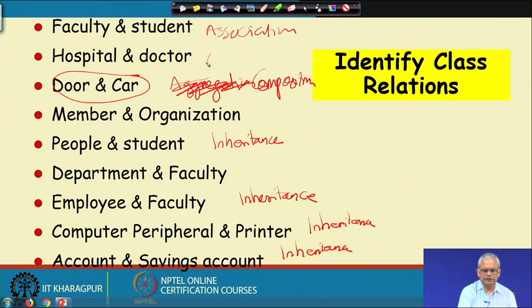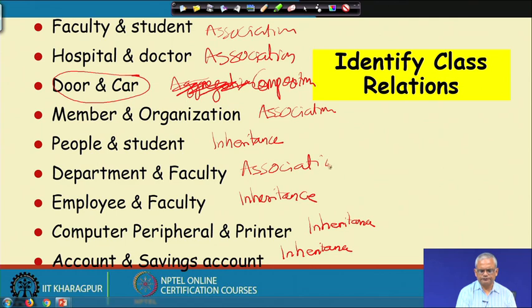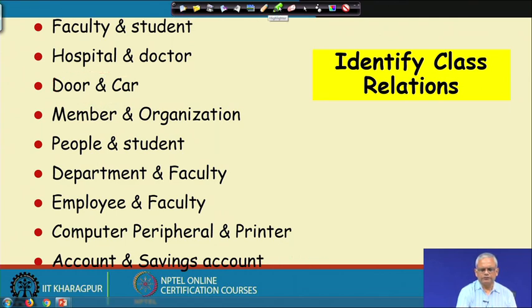Whereas, hospital and doctor is an association relationship, because a doctor may leave a hospital, new doctors may join. Similarly, member and organization is an association relationship. Department and faculty is an association relationship. We need more practice to identify the relationship between classes.